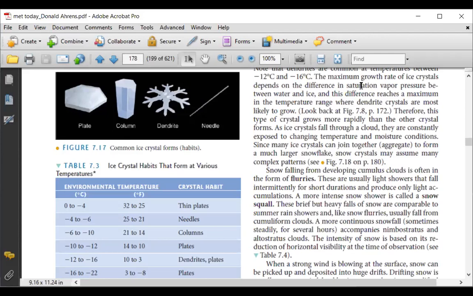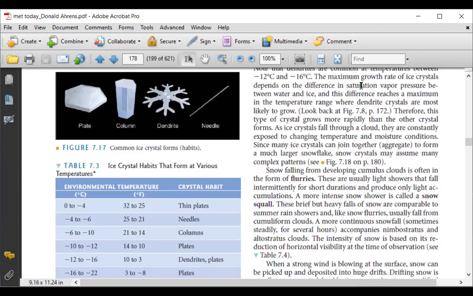Why? Because dendrite is a formation where, first of all, a single crystal forms, and then with its surroundings, as the temperature varies a little bit, because it comes from a higher level downward, even inside the cloud the temperature varies.